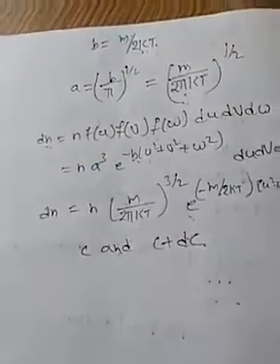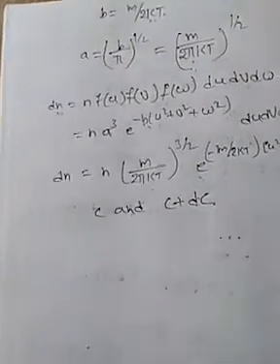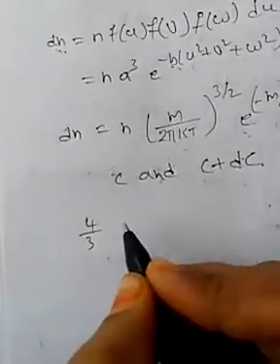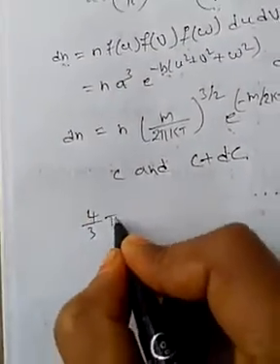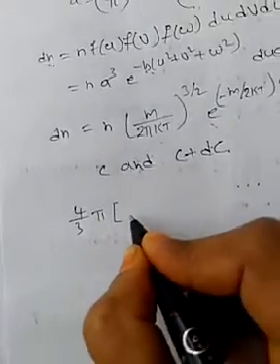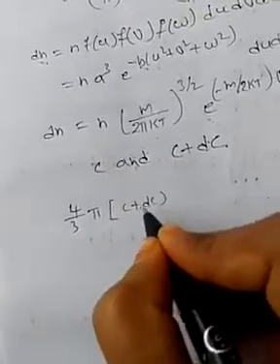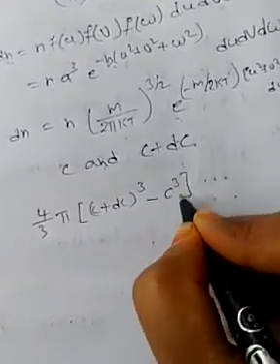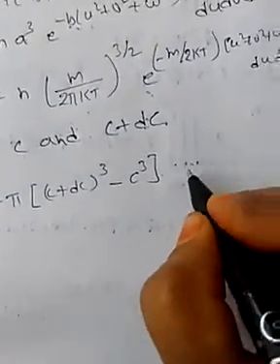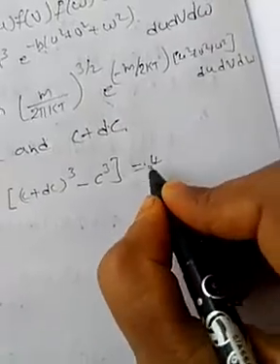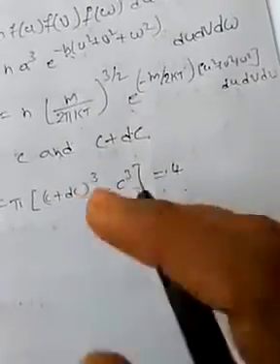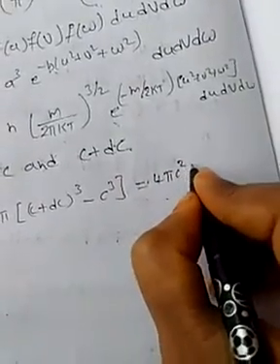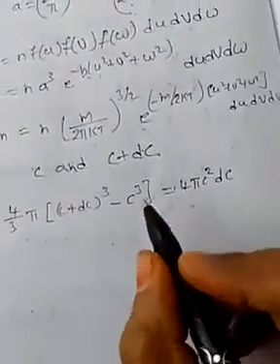The volume of the annulus is given by 4 by 3 pi into (C plus dc) whole cube minus C cube. Here we are expanding this and neglecting the smaller terms, we get 4 pi C square dc.